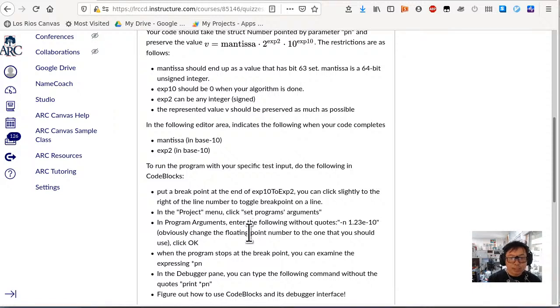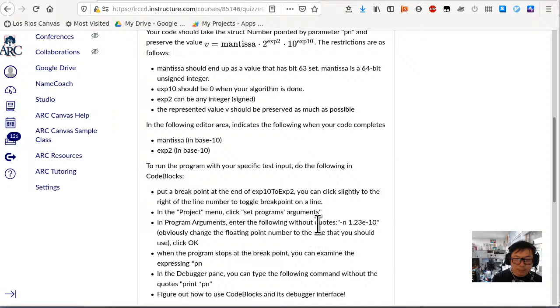Okay, and the objective is when your program is done, I want the mantissa to be a 64-bit unsigned integer. It is basically taking up as many bits as it can, okay? And I also want exp2 to be a value so that if I multiply the mantissa by 2 to the power of exponent of 2, it will still be approximately representing the same value that we start off with.